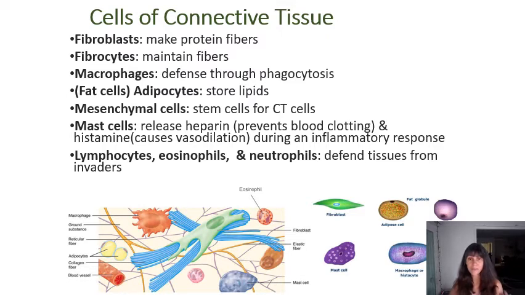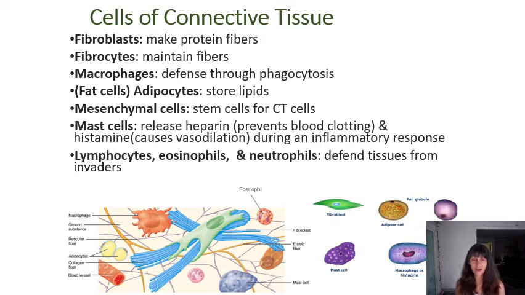Macrophages are big eaters, and they eat up bacteria, pathogens, and cellular debris, and they do that by phagocytosis. Fat cells, which we will hereon refer to as adipocytes, store lipids. You'll recall that we said earlier that one of the functions of connective tissue was to serve as an energy reserve.